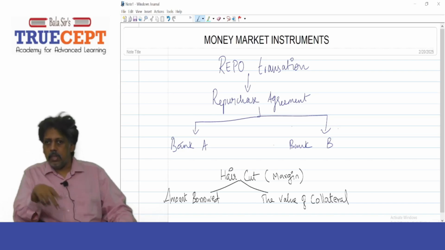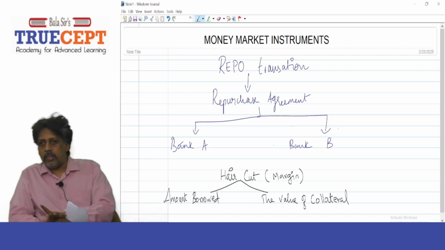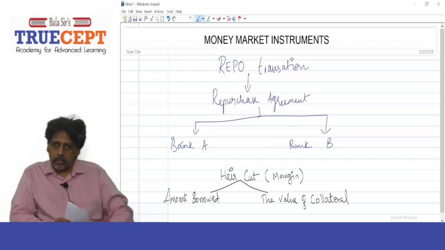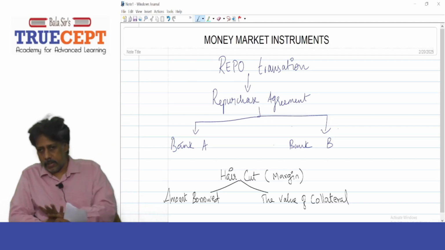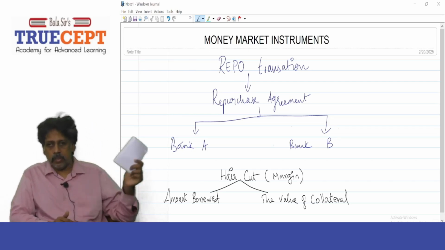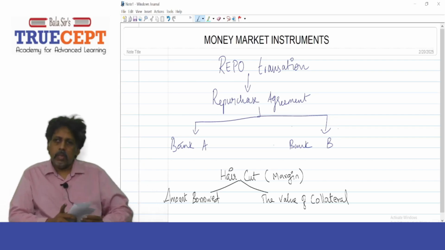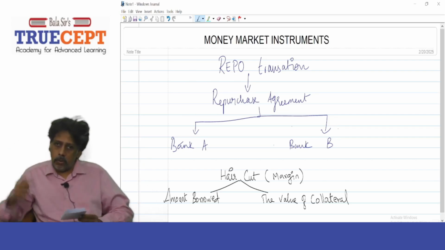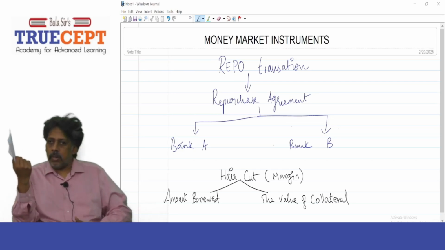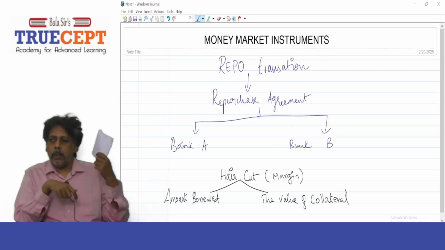Got it? And that is the reason bank B charges something called a haircut. Got it? That is a margin charged by the banker for giving this loan. So basically you reduce, even though banker A comes with rupees 1 lakh worth of investments, bank B will not give 1 lakh, they'll give only 98,000.